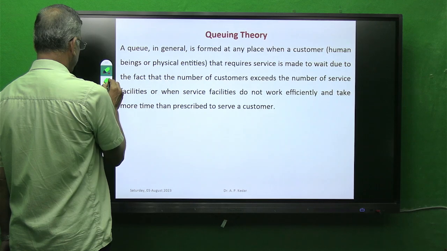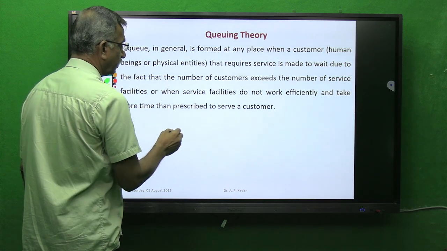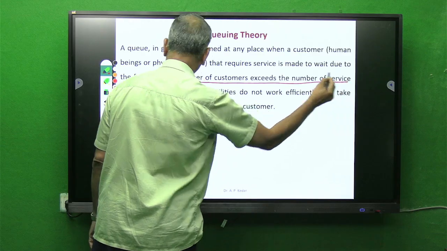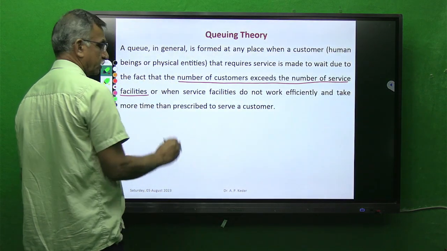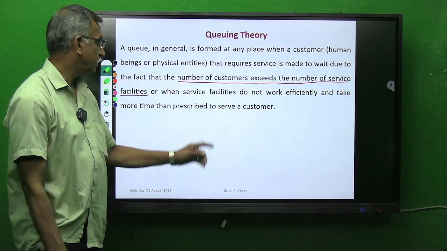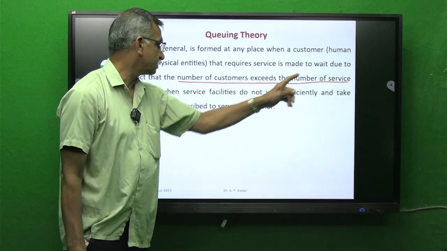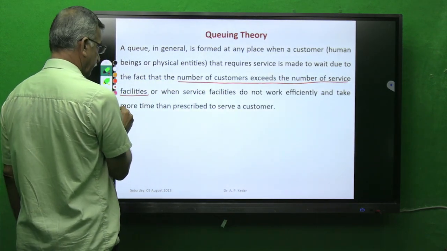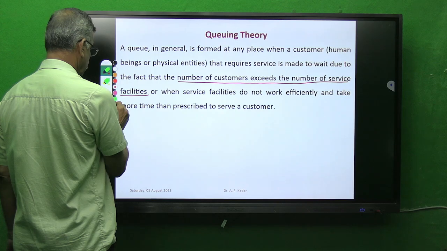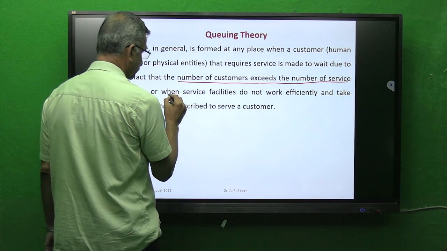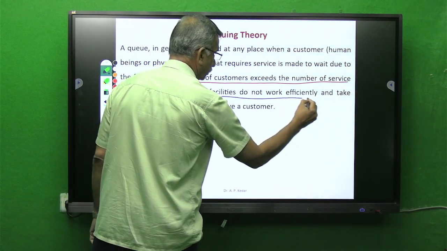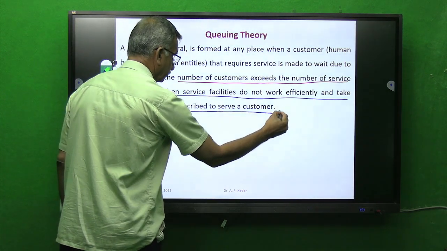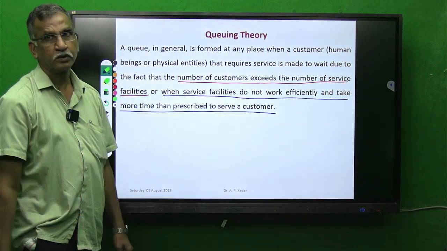we have seen two basic reasons why queues are formed. The number of customers exceeds the number of service facilities. This is one. And second, when service facilities do not work efficiently and take more time than prescribed.